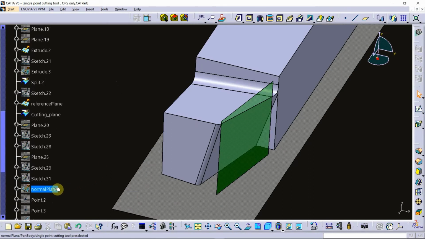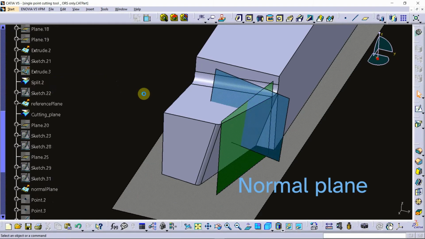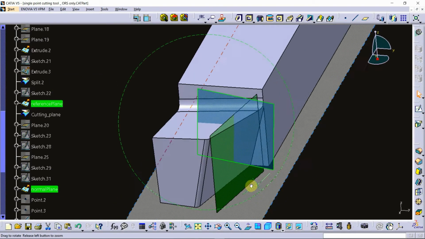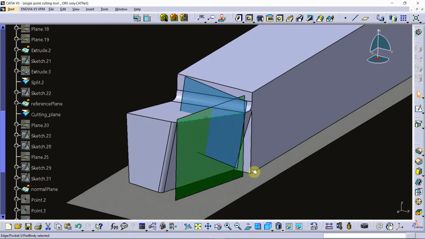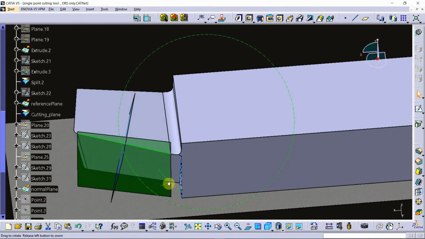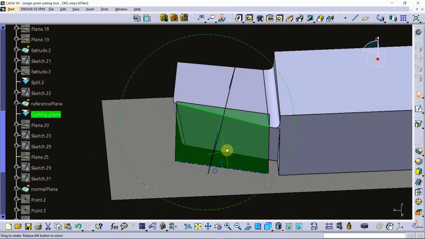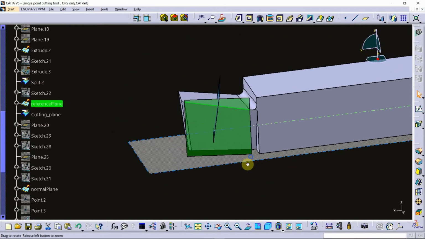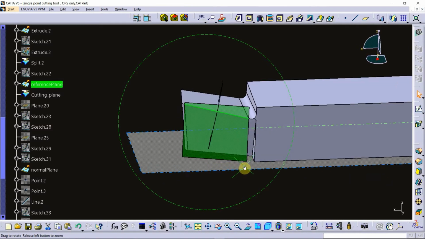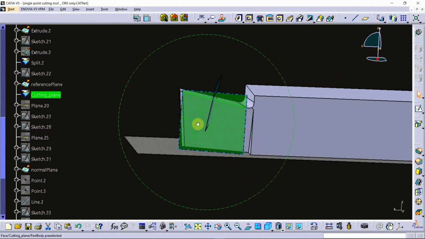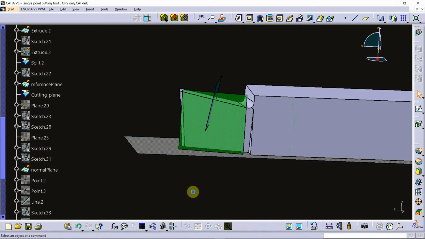And then there is the normal plane, which is this plane. The normal plane is perpendicular to the cutting edge, which you can see right here. The normal plane is not necessarily perpendicular to the reference plane, because the cutting edge is at an angle to the reference plane.